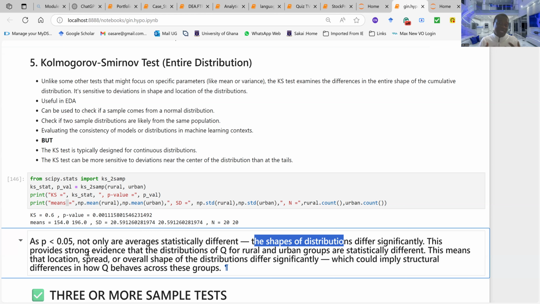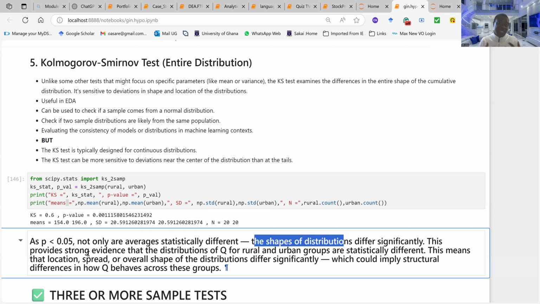All right, ladies and gentlemen, that is two samples. I want you to learn three samples on your own, given the beautiful slides and tabular analysis that I've given you. For three or more samples, there are quite a number of tests, and they are split into parametric and non-parametric.